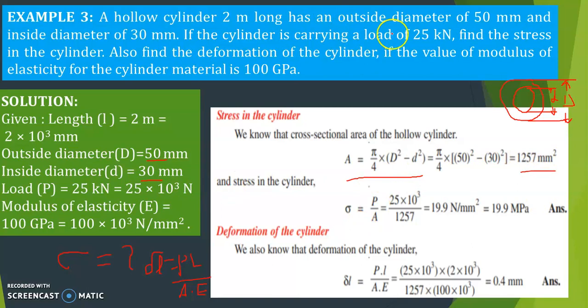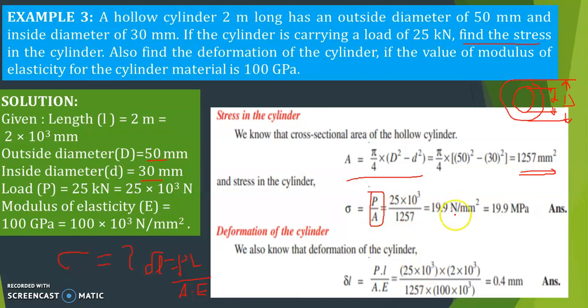Then it is asked to find the stress, right? So what is stress? Stress is equal to load by area. So load is given, that is P. P is equal to 25 into 10 raised to 3, and area you have calculated now, this is the area 1257.